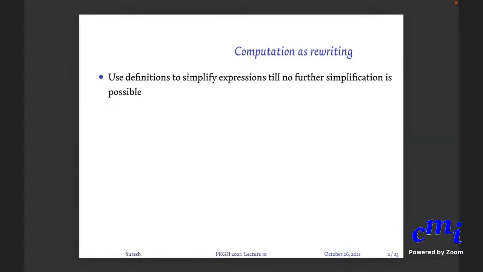In Haskell, the notion of computation is just like when you try to simplify a mathematical expression. It is just like simplifying expressions, as I mentioned here. Some of the simplifications are built in, some are user defined, and basically any program that the user writes, recall that we wrote various equations in our programs.